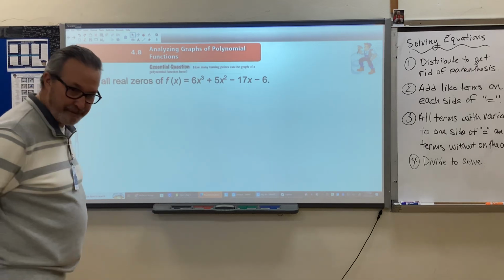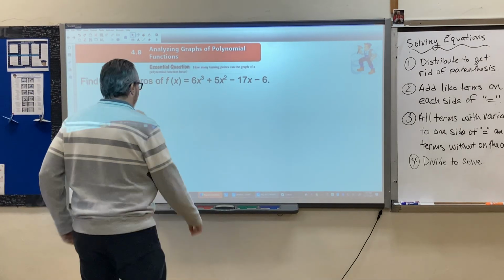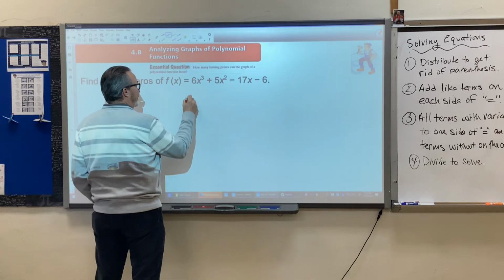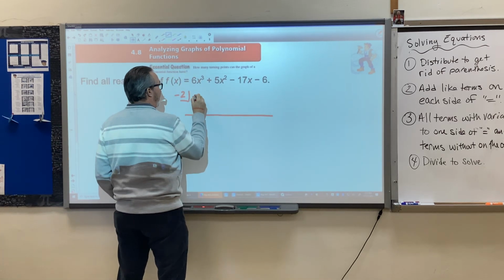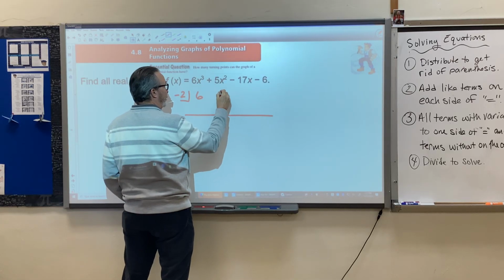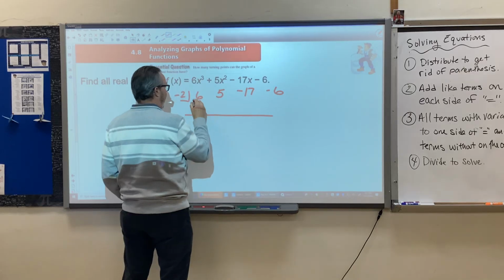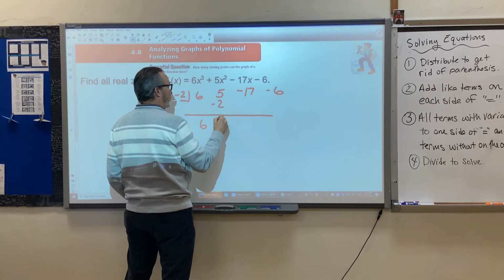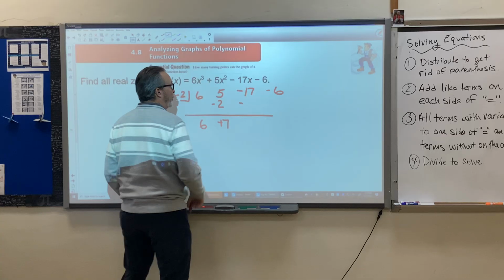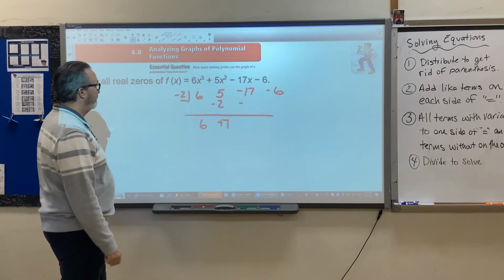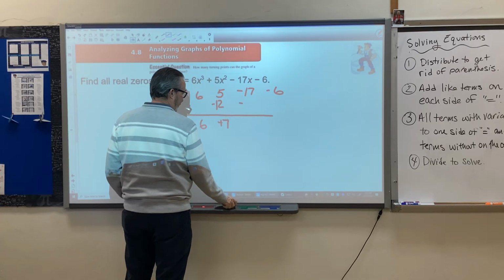What did you get? -2? Yeah, so if you graph it, it crosses the x-axis at -2. You can divide by -2. Drop down the 6, times -2. Oh, yeah, something's up. Because it's -12, that would be -7.